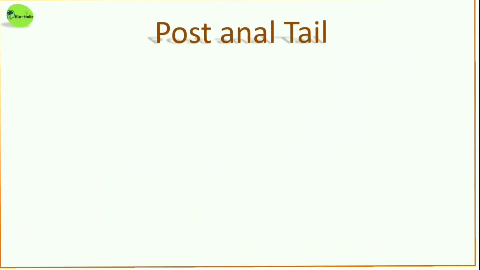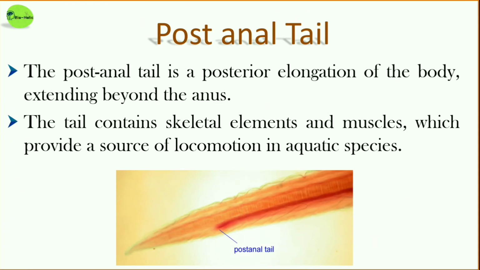And finally, the post-anal tail. The post-anal tail is a posterior elongation of the body which extends beyond the anus. This tail contains skeletal elements and muscles which provide the source of locomotion in aquatic species.